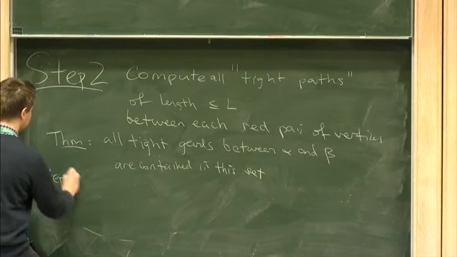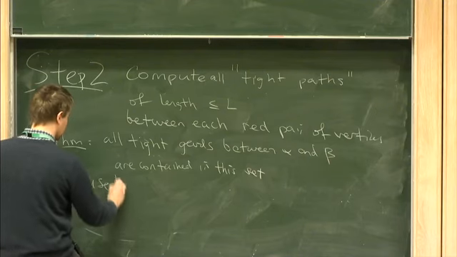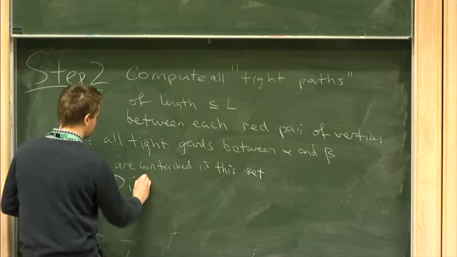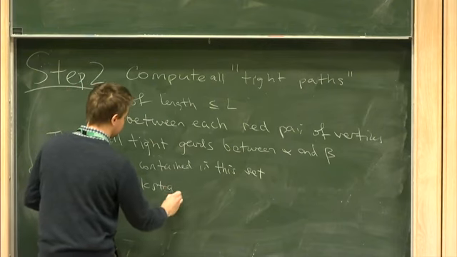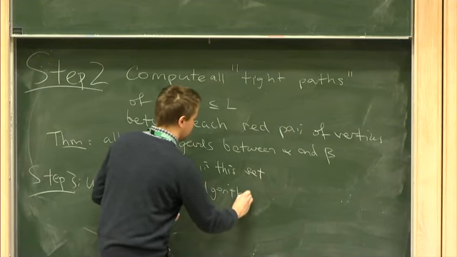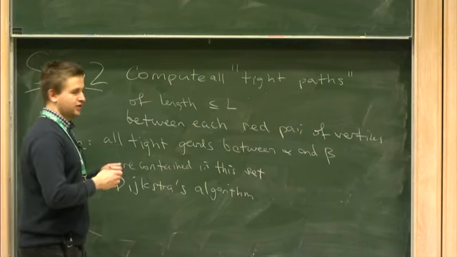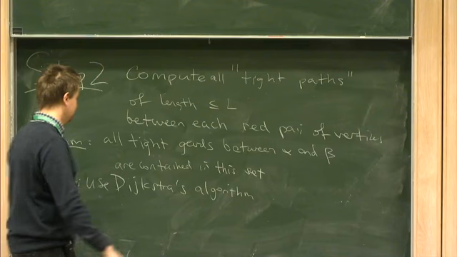So what we do now for step 3 is we use any polynomial time geodesic finding algorithm for finite graphs, such as Dijkstra's algorithm, to find a geodesic, any geodesic.